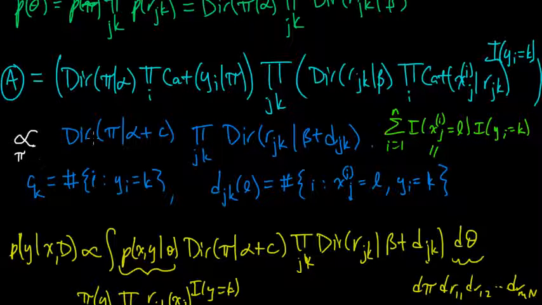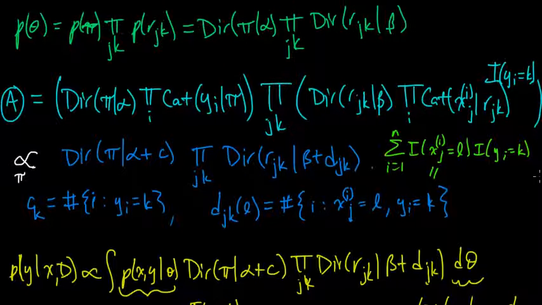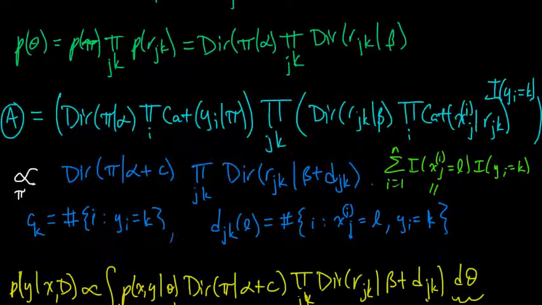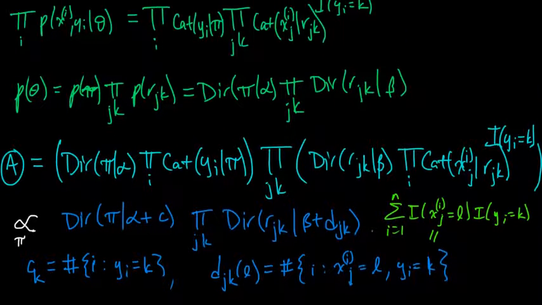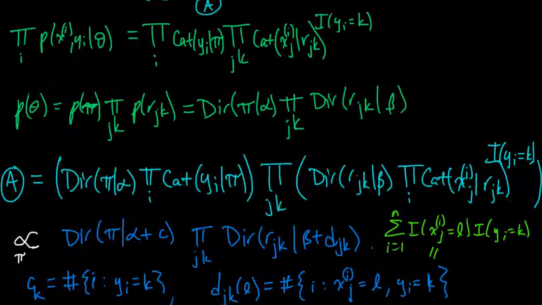And so the reason why that's sufficient. So this is the Dirichlet categorical conjugacy, and that was a necessary step. And this is proportional to this with respect to pi, and it's also proportional with respect to y. Y doesn't show up in here at all, right?